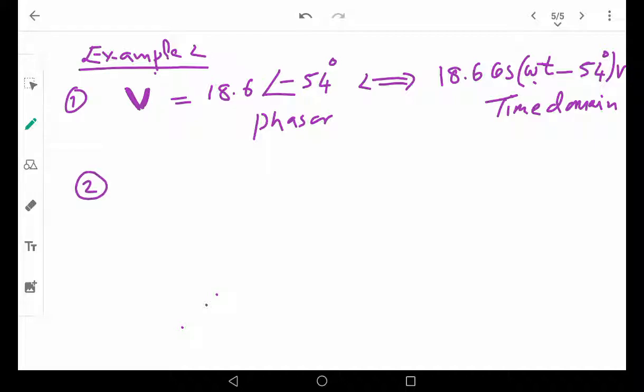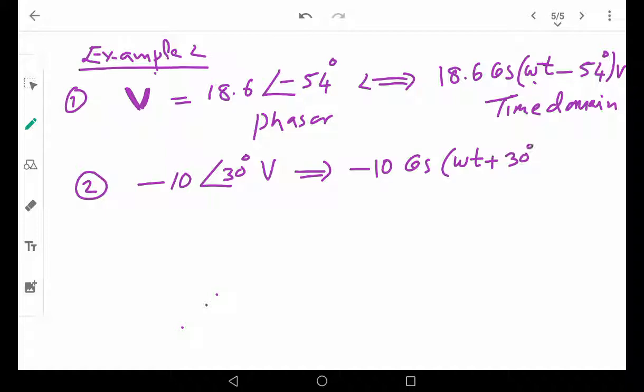This is example 1. Example 2: you are given minus 10 angle 30 degrees volt, a voltage phasor. So you can write it simply as minus 10 cos(omega t plus 30 degrees) volt.